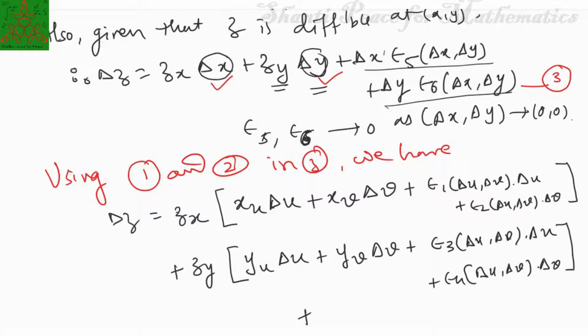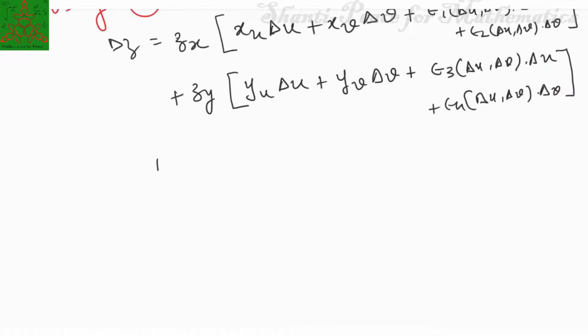Here also I may write down the value of delta x and delta y, plus epsilon 5 delta x delta y. Just assume that instead of delta x we have substituted the value, and instead of delta y also we have substituted the value. Since this is very lengthy, I am not writing it here, but the same value should come here.